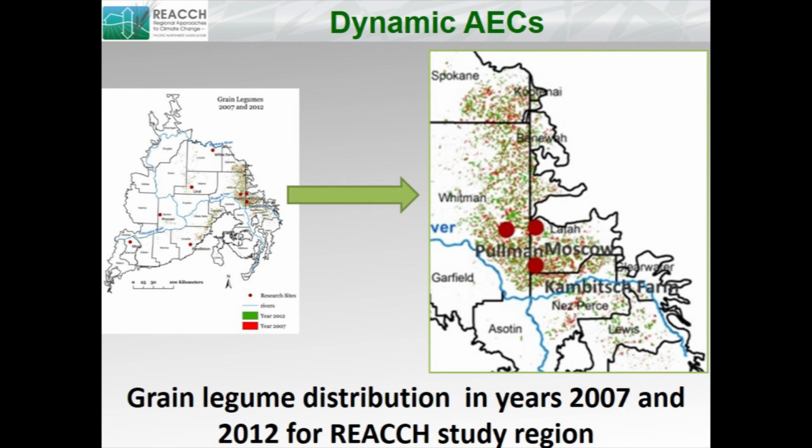So here's all the pixels where they actually had a grain legume being grown in that 56 meter squared area. And then we can look at it here in this kind of blurry place in terms of the reddish to the greenish, representing some of the shifts in terms of where those were actually grown.